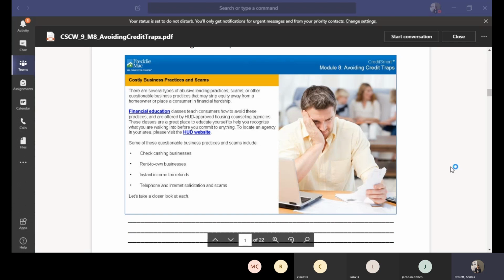So what do you guys think is a better alternative than using an instant income tax refund service to get your income tax refund? What do you think would be a better alternative than doing that? Can you wait for that? Like for the cash?